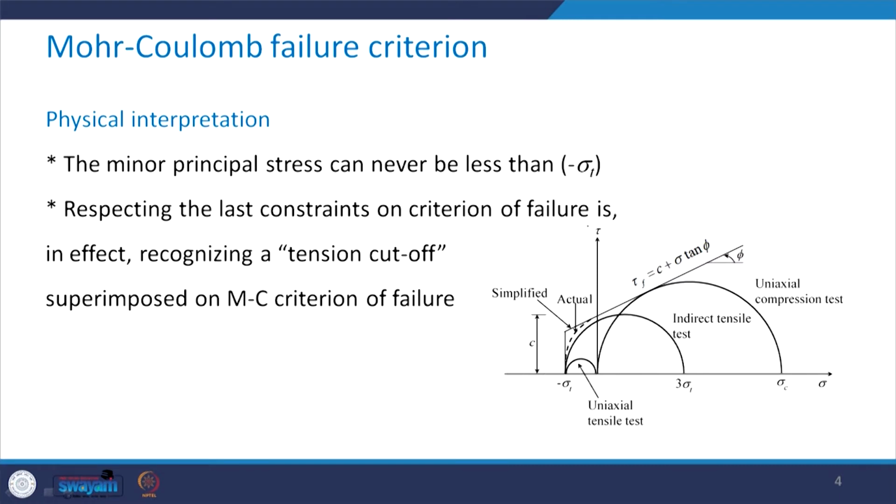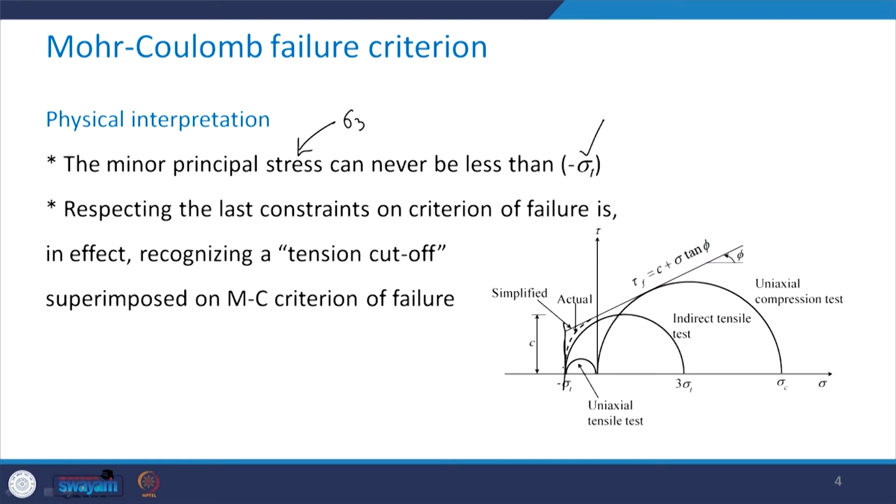The minor principal stress, sigma 3, can never be less than minus sigma t, and therefore we need to respect this last constraint on the failure criterion. In order to do this, we need to recognize a tension cutoff, which is given by this line.